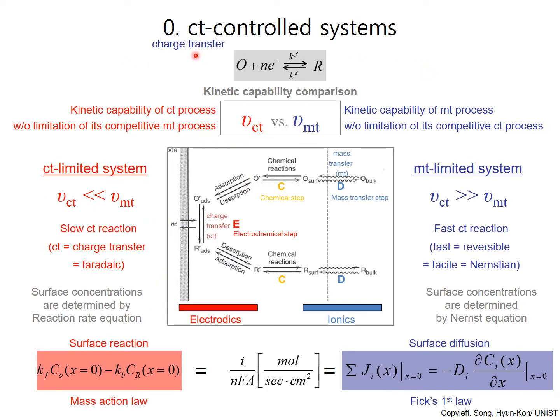Okay, here is the comparison of kinetic capability between charge transfer and mass transfer. Of course, we are thinking of this reaction, O plus n electrons going to the reduced species R. The kinetic capability of the charge transfer process without limitation of its competitive mass transfer process will be compared with the kinetic capability of the mass transfer process without limitation of its competitive charge transfer process.